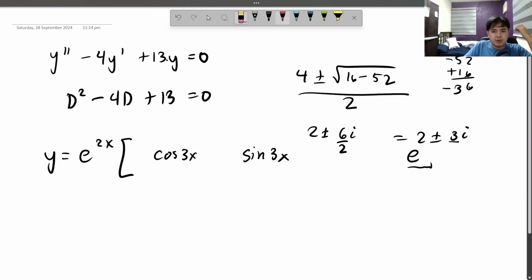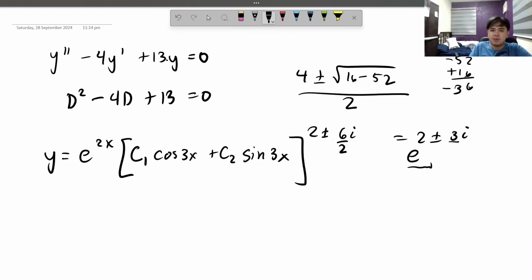Now we just put the arbitrary constants where they belong. Now, if you're saying, well, how about the imaginary unit here? Shouldn't there be an imaginary number near sine 3x? Well, yes, but the arbitrary constant can be any constant, even if it is a complex number.